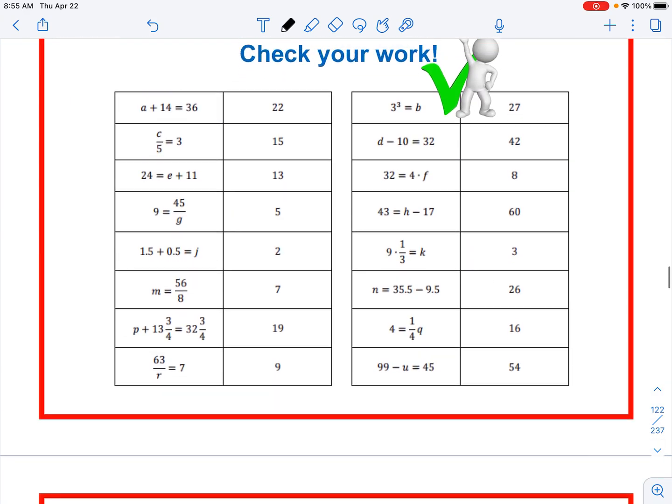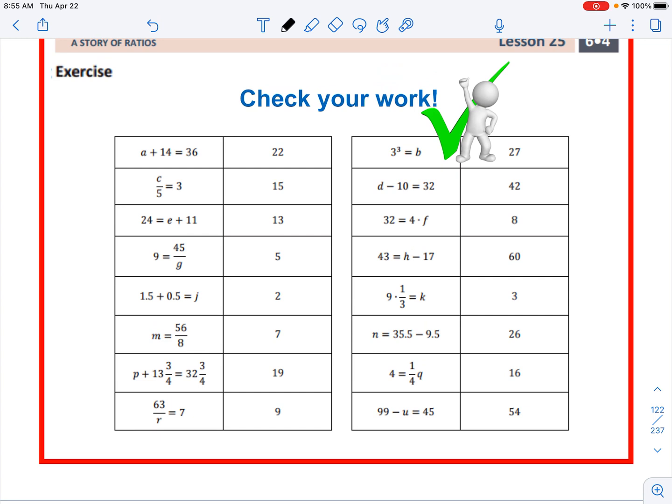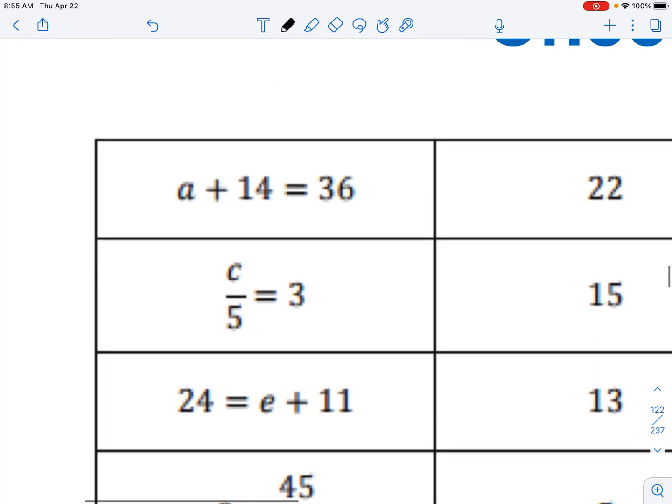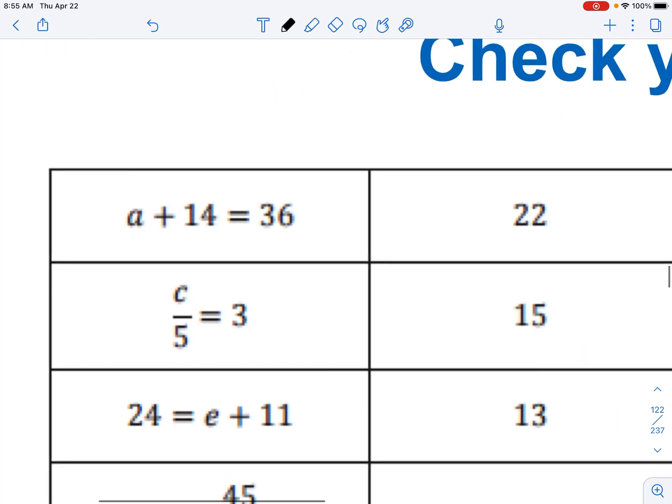So on this slide that you have on your paper, I just wanted to include some examples for you, okay? It has the number sentence, and then it has its solution. Let's look at a couple of these. The first one, we have a plus 14 equals 36.